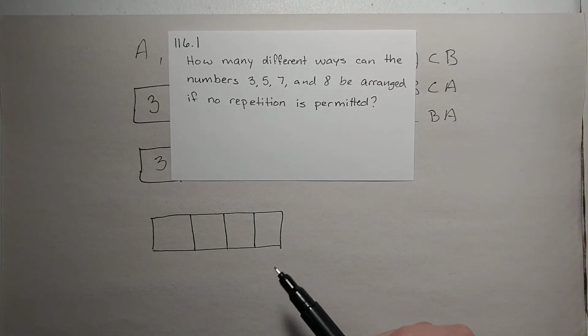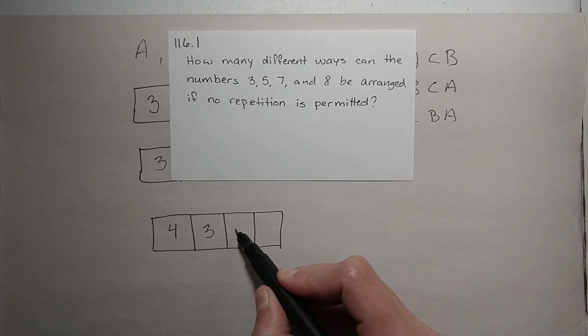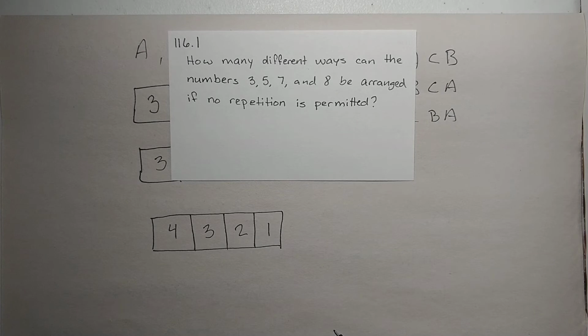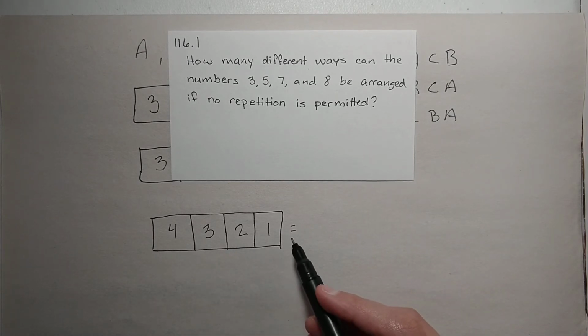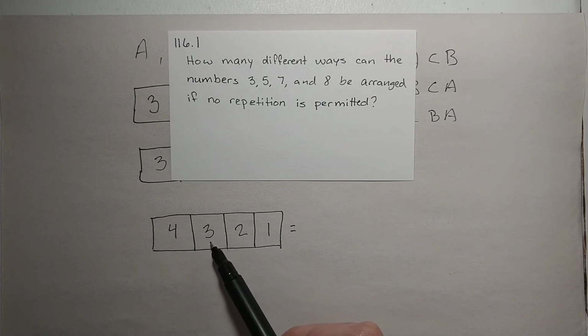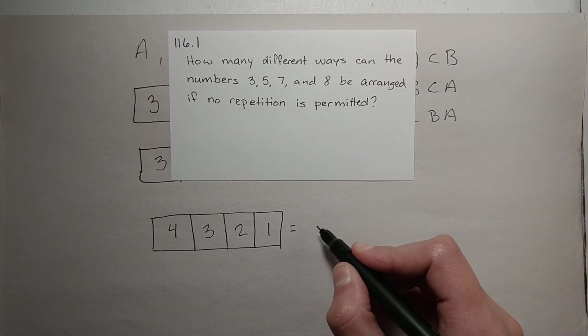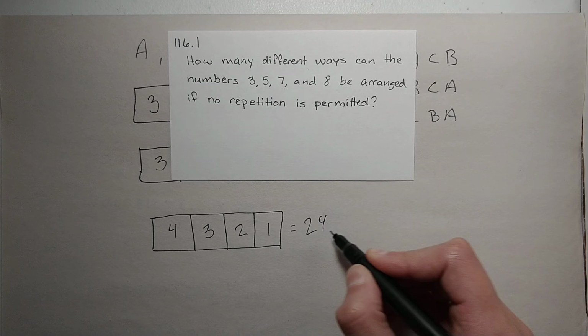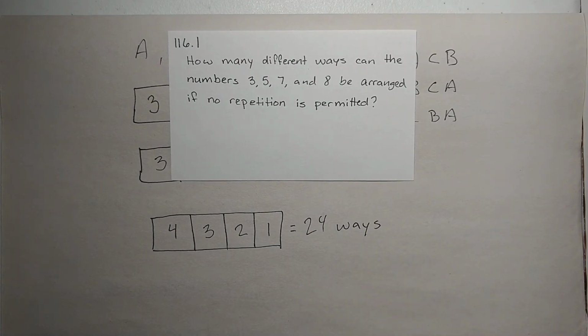All right, so there's no repetition permitted, and there are 4 numbers. So there are 4 possibilities for the first box. 3, 2, 1. All right, kind of seeing a pattern? All right, so then we'll multiply these out. So you get 4 times 3 is 12, times 2 is 24, times 1 is 24. So there are 24 ways that we can arrange these 4 numbers without any repetition.